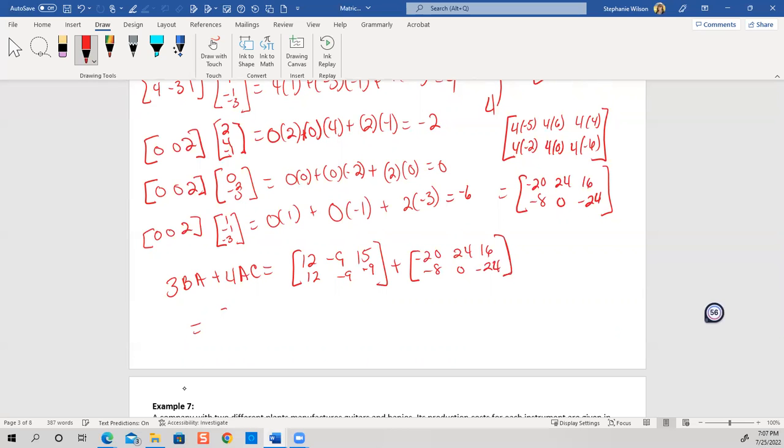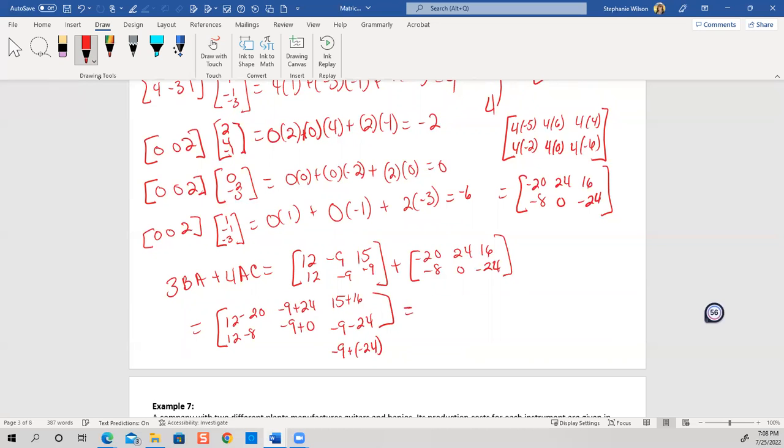So this gives me 12 minus 20, -9 plus 24, 15 plus 16, 12 minus 8, -9 plus 0, -9 minus 24. You could have written it like this if you wanted to.